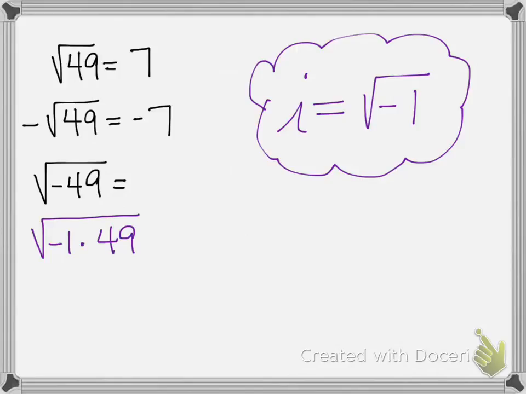The square root of negative 1 is i, and the square root of 49 is 7. So the square root of negative 49 is 7i.